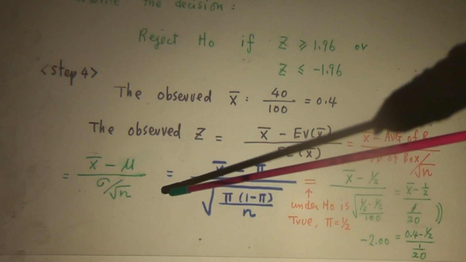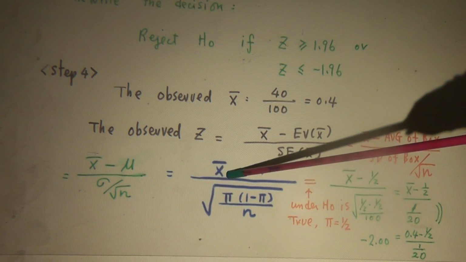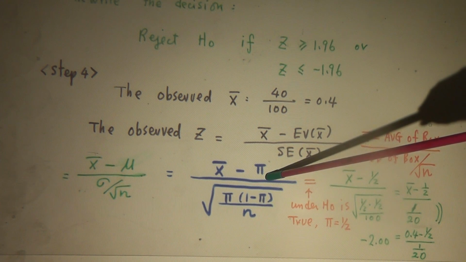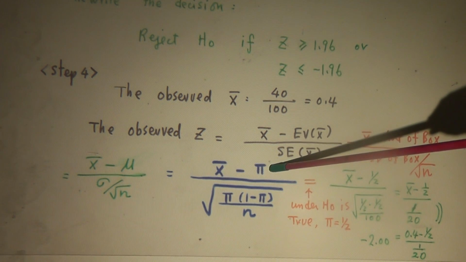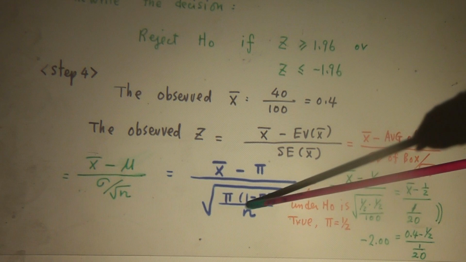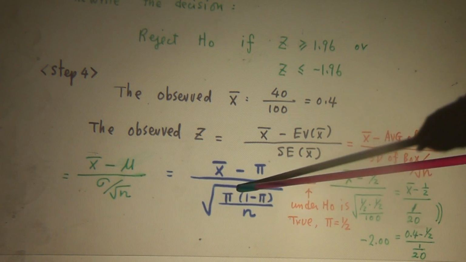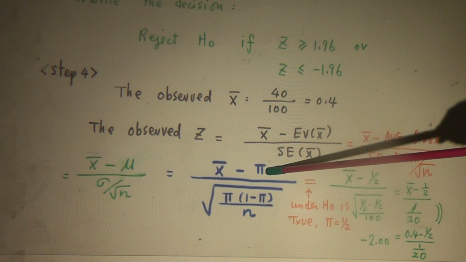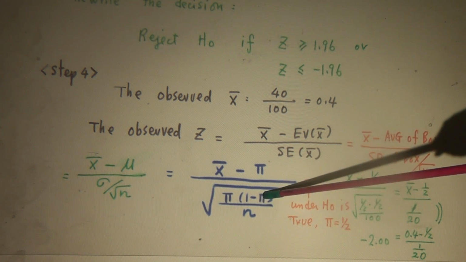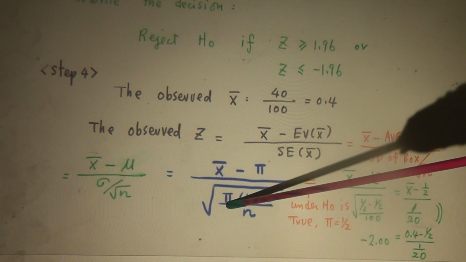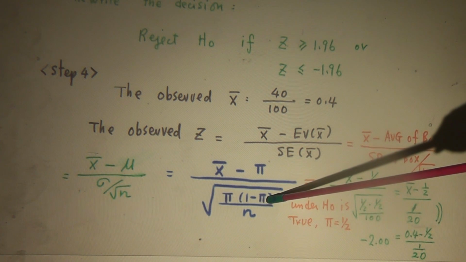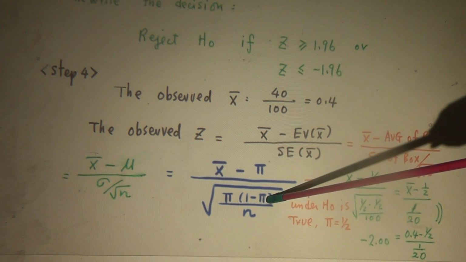And if I convert to the count box, it is X bar minus pi over the square root of pi times 1 minus pi over n. This is the population percentage, and pi times 1 minus pi, square-rooted, is the population standard deviation.